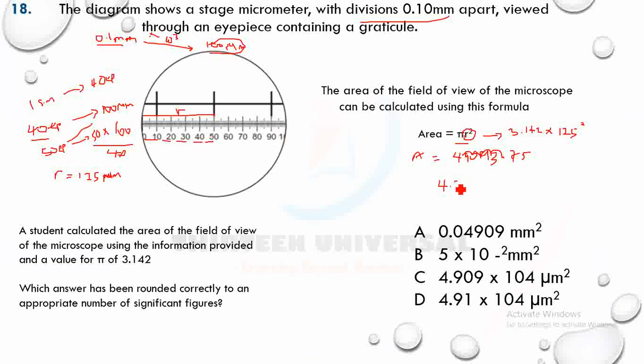But to make it the right significant figure, the 0 is not significant, so we cut 91 and put it there. 4.91 times 10 raised to the power 4. You can see the answer there. The answer is D.